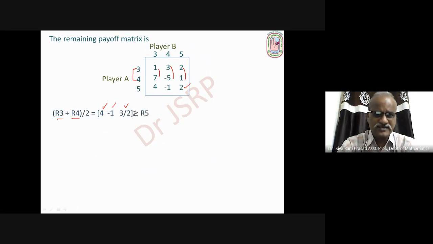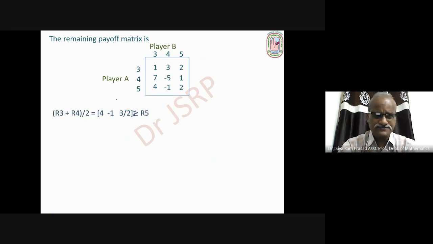Clearly it is not, since here 4 equals 4, here -1 equals -1, but 3 by 2 is less than 2. Therefore this average of row 3 and row 4 is not greater than or equal to row 5. So this is not comparable.